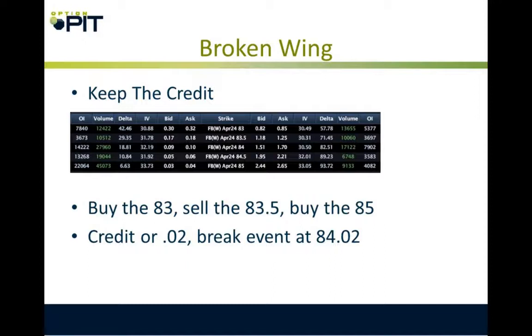All right, we've got guys that love the 1x3x2. We've got guys that love the broken wing fly for a credit. I happen to love the broken wing fly for a credit. If the broken wing fly for a credit walked in and said, "Mark, will you marry me?" I would be divorcing my wife and marrying the broken wing butterfly for a credit.